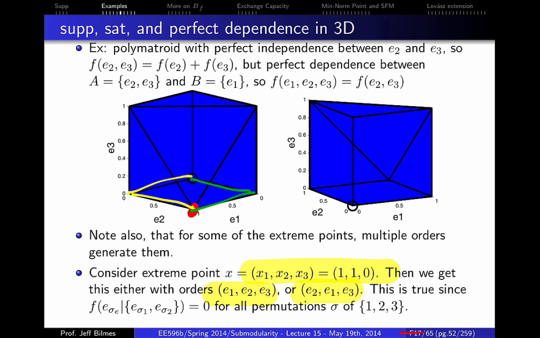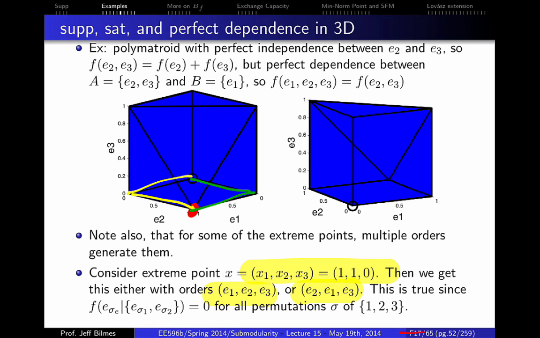And in general, that's true. Can you imagine a polytope for which every extreme point has a unique ordering? What must be true of the submodular function? What's true is that the gain f of E3 given E1, E2 is equal to 0. So it basically says that you choose some order, and at some point you get into a situation where when you condition on some history, you get a gain of 0. Right?